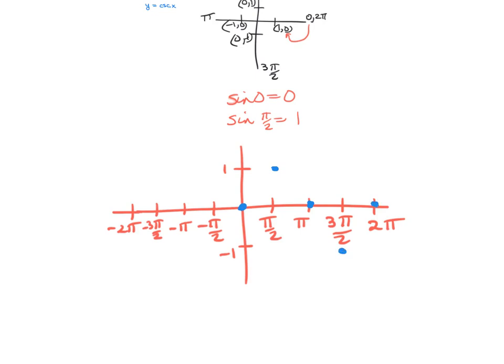Just follow the wave. You don't have to draw the axis points like that. If you know that the sine graph starts at (0, 0), and if there's no amplitude, it goes up to 1, then back down, down, up. You don't need to memorize that.